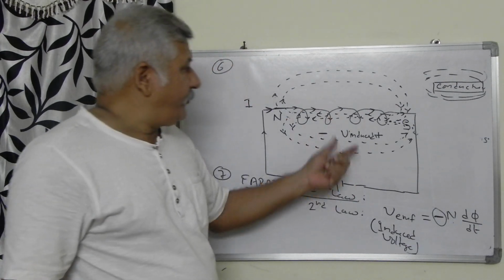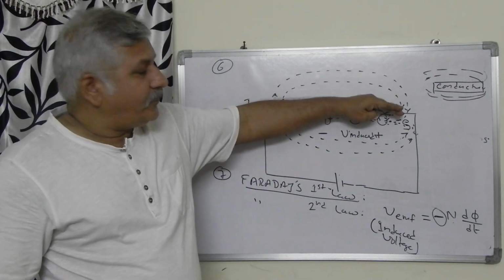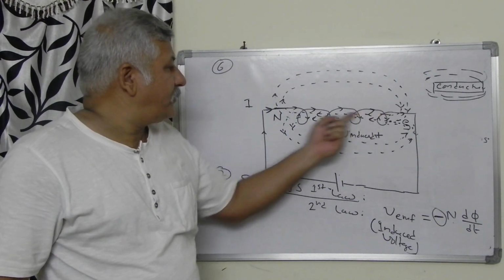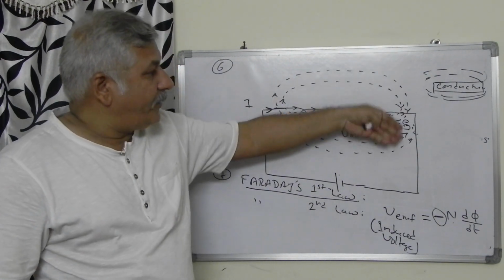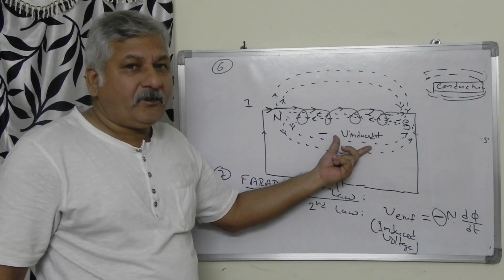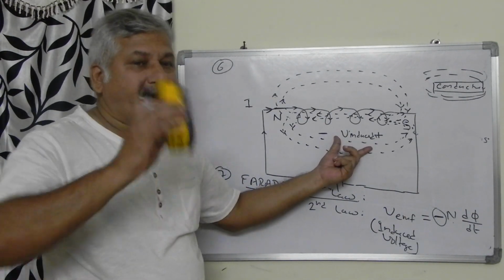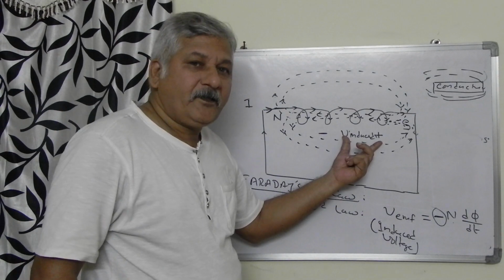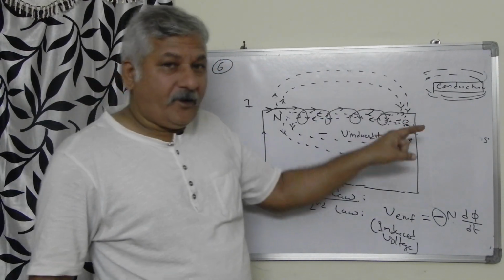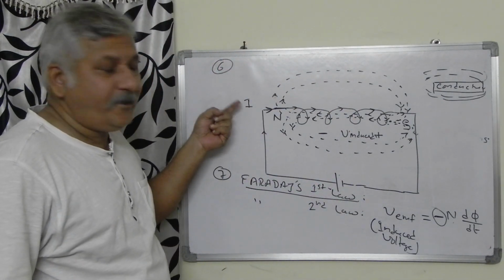Right? Again I repeat, when we place a conductor in a varying magnetic field, voltage will be induced. So we have placed this conductor in this varying magnetic field, so a voltage will be induced. Now the direction of this induced voltage will oppose the cause which has produced it. So basically this induced voltage is produced due to this varying magnetic field, and the varying magnetic field basically is produced due to this current, right?